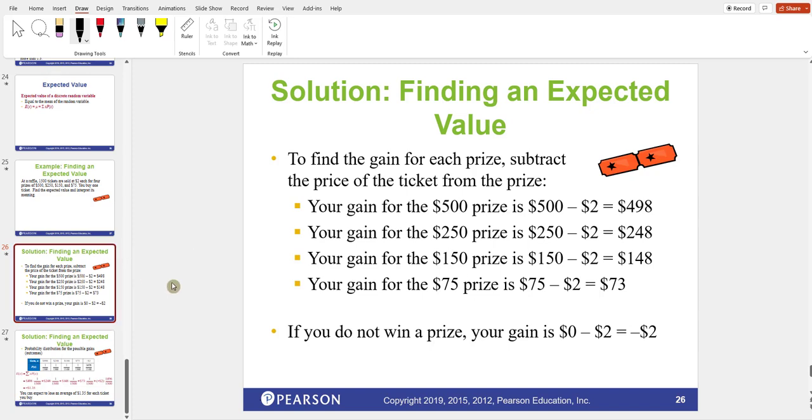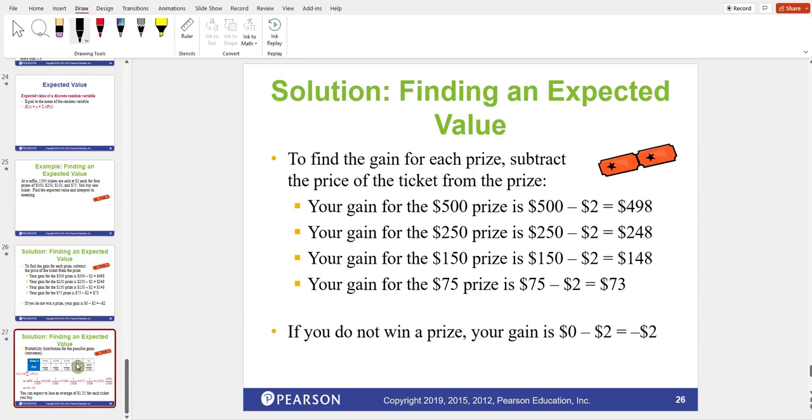If you win 250, your gain is 248. If you win 150, your gain is 148, and if you win the $75, your gain is actually $73. So if you do not win a prize, you have lost your $2.